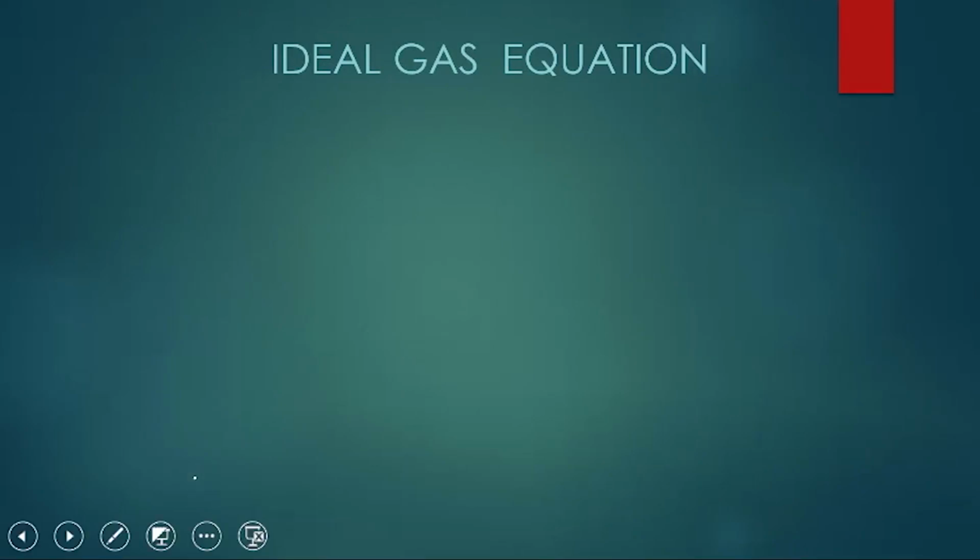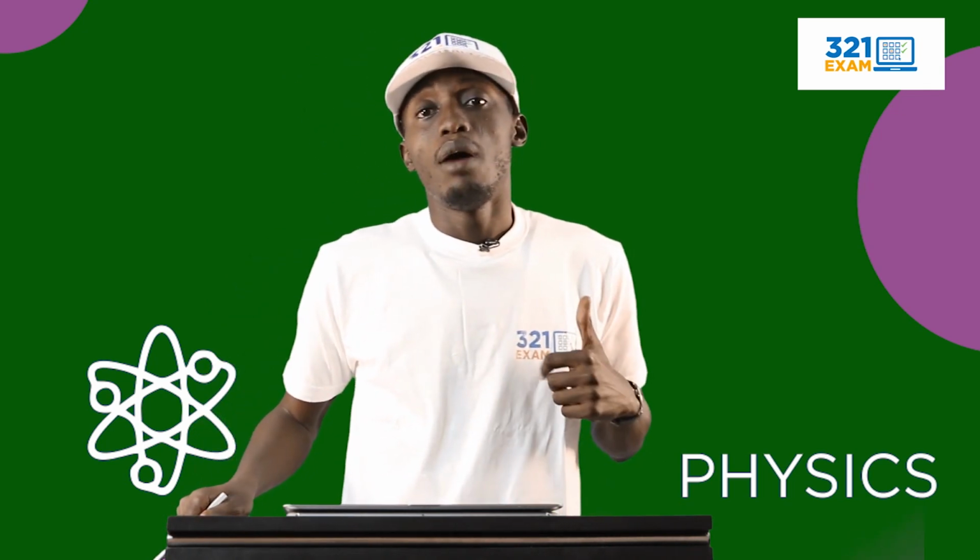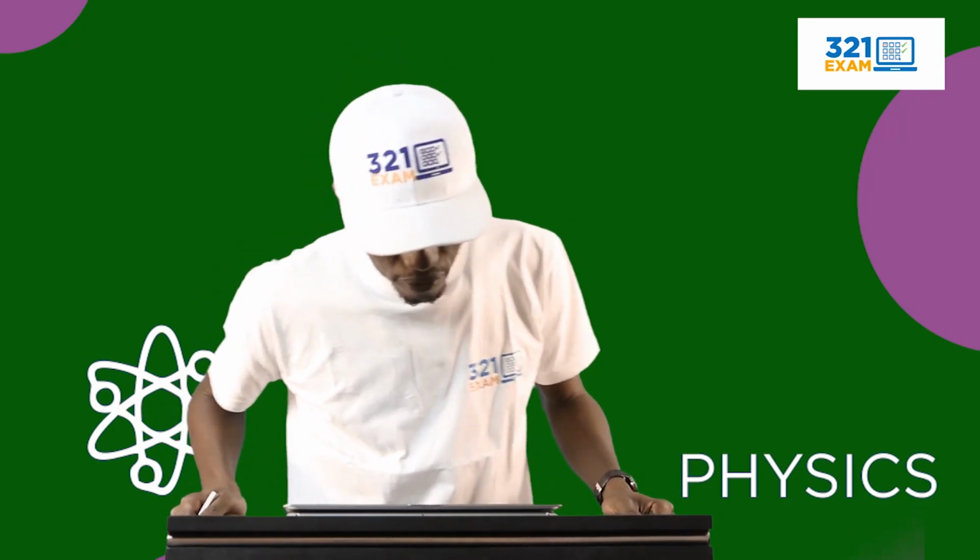And finally, we are going to what is called the ideal gas equation. The ideal gas equation has a general formula too. And remember also the fact that the ideal gas depends also on these parameters that we've been talking about before now.